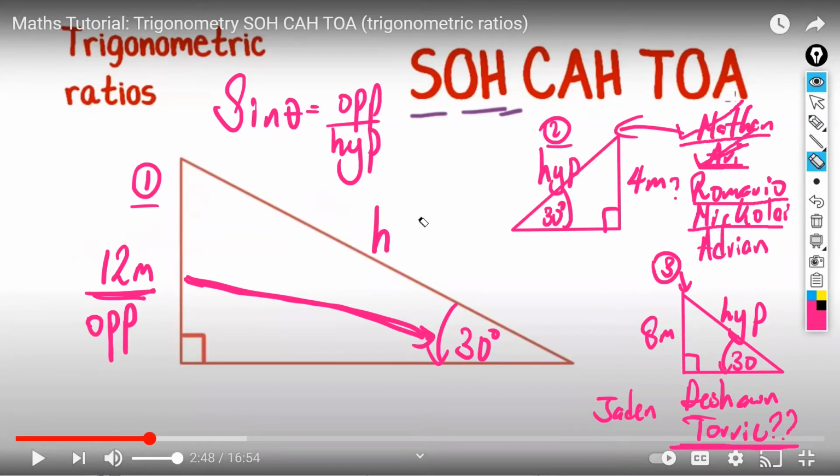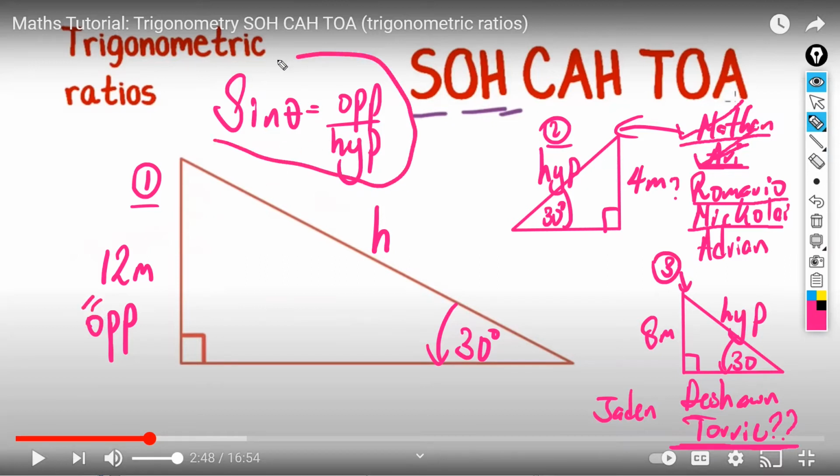So the best formula, and pretty much the only formula to use when you have the opposite side and you need to find the hypotenuse, is the sine formula. Cool. So we're going to use the sine formula, guys, and sine 30 degrees is equal to the opposite side over the hypotenuse. In this case, the opposite side is 12 and the hypotenuse is what we don't know.